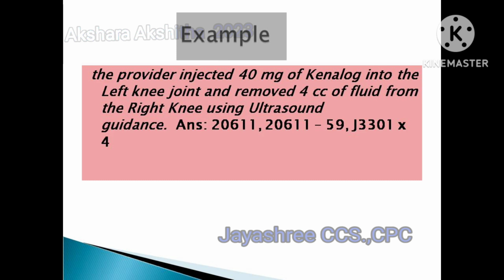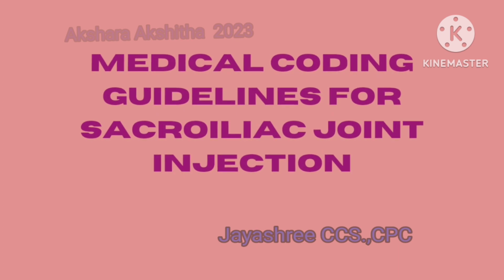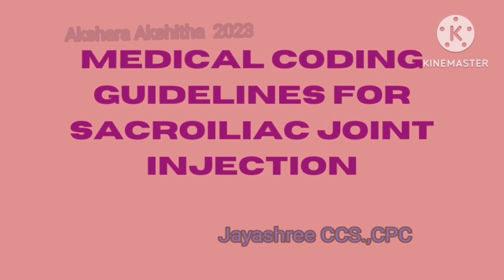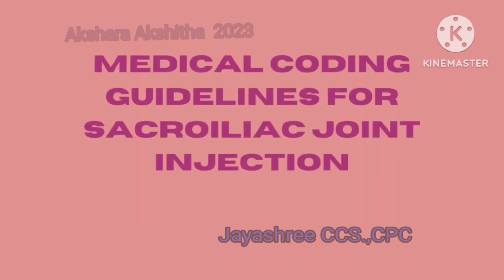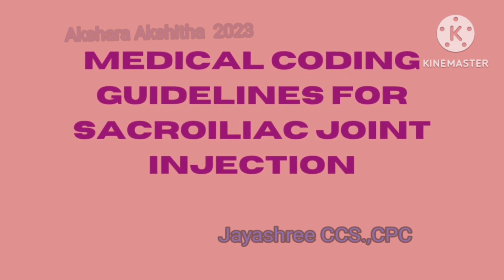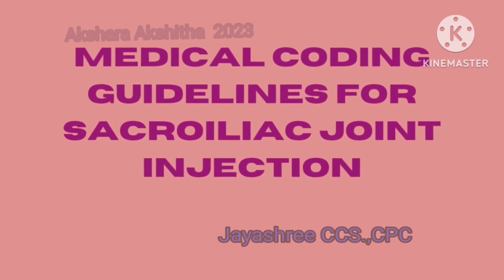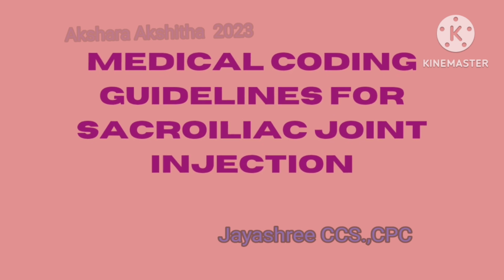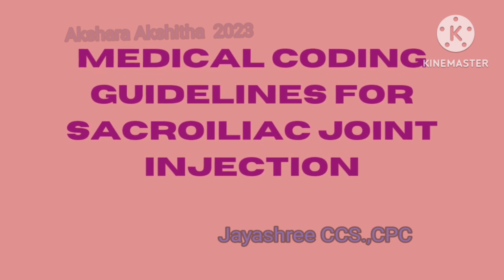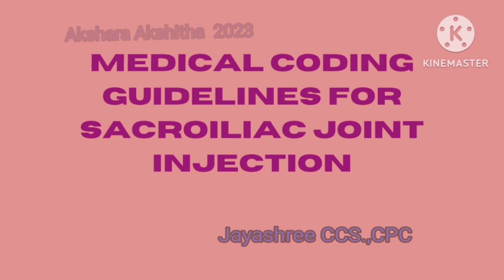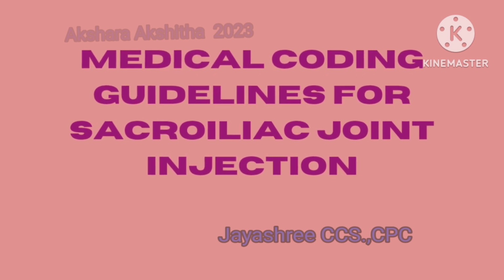Then the last topic is sacroiliac joint injection. The sacroiliac joint injection code is 27096, including guidance. If CT or fluoroscopy is utilized, then 27096.